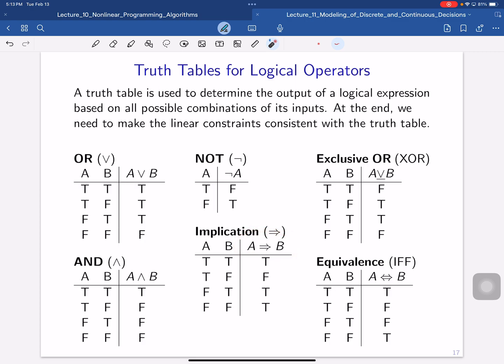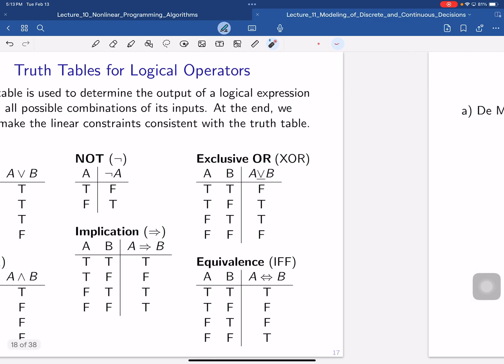That's my motivation for having the truth table. If I want to express A implies B, then what conditions A and B have to satisfy. That's the main thing we want to cover.